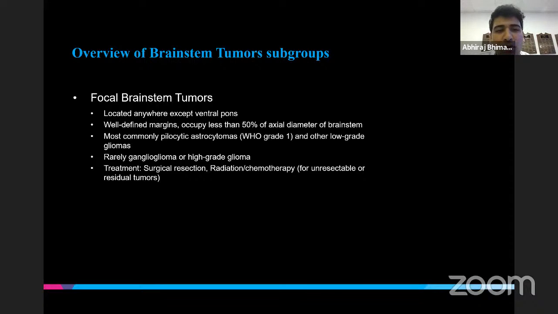Otherwise, for a lot of the well-demarcated lesions, the treatment could be surgical resection, or radiation and chemotherapy if the tumor is unresectable or challenging to resect. Generally, resection is done for pilocytic astrocytoma, low-grade astrocytoma, or gangliogliomas.